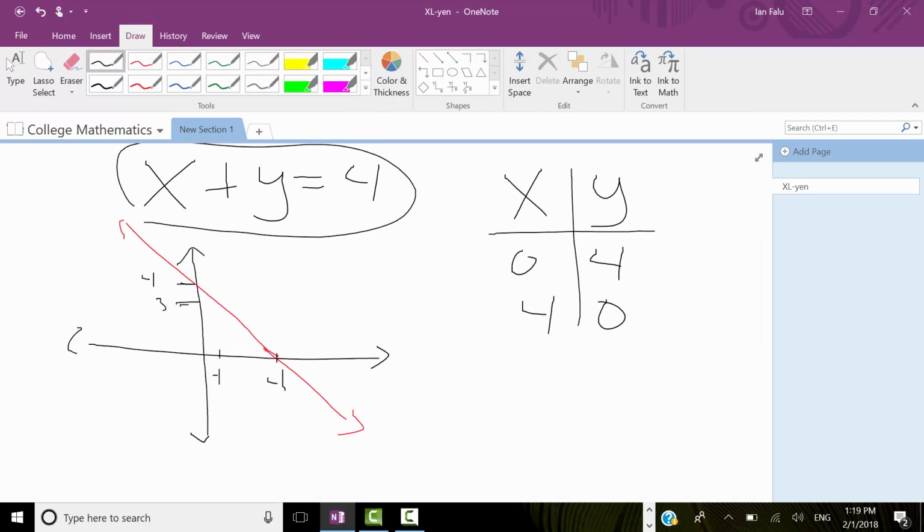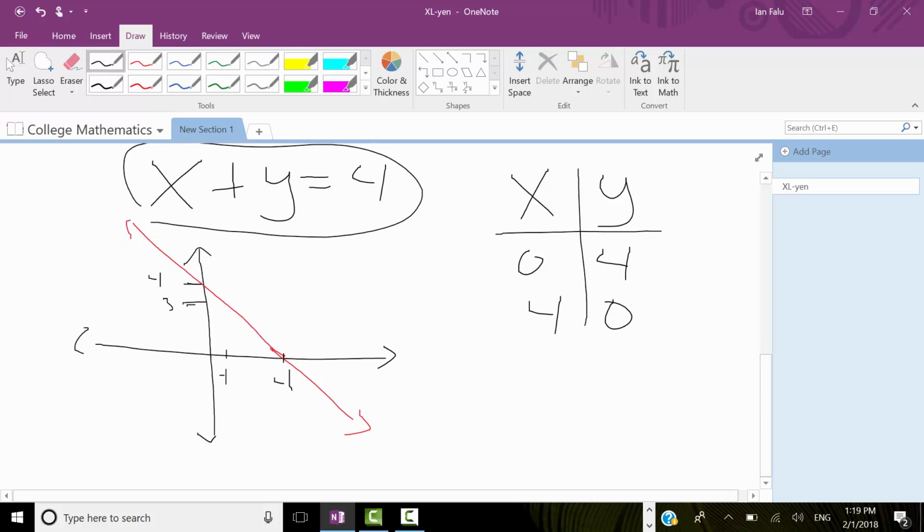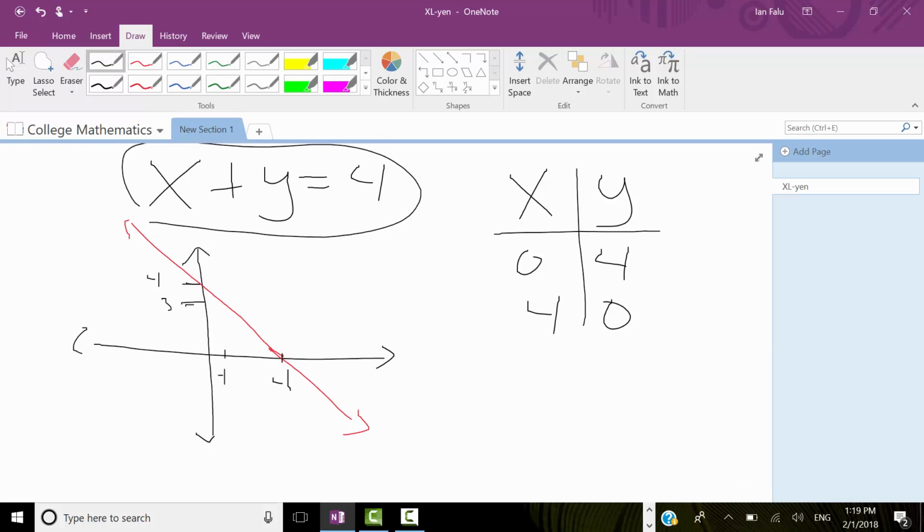Okay, that's what that means, right? And in the same way, you have 2 comma 2, which I did right here. That point will be right here, right? So all the points that will make this equation true will be on that line.